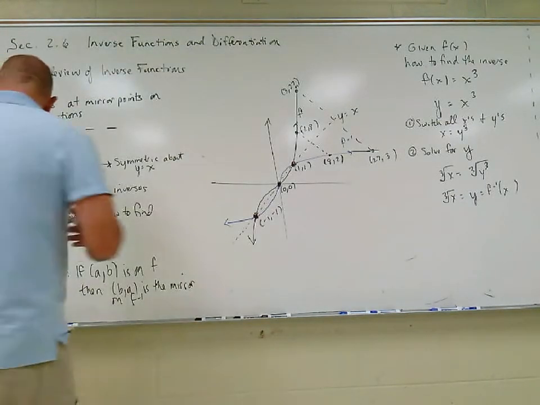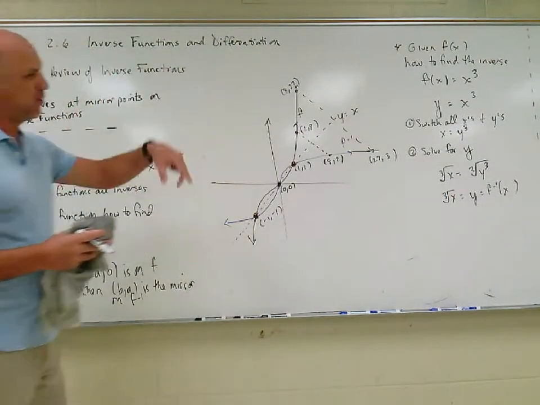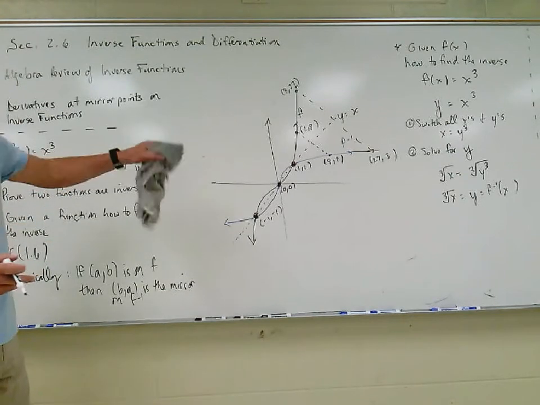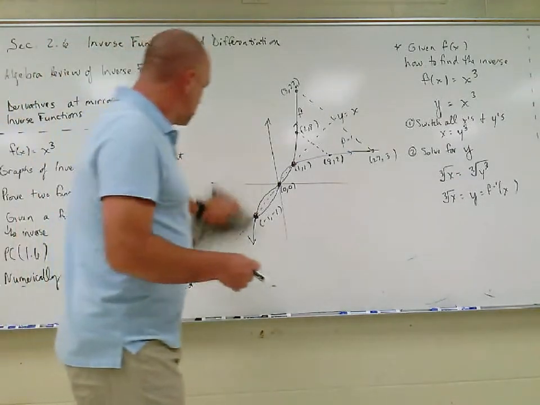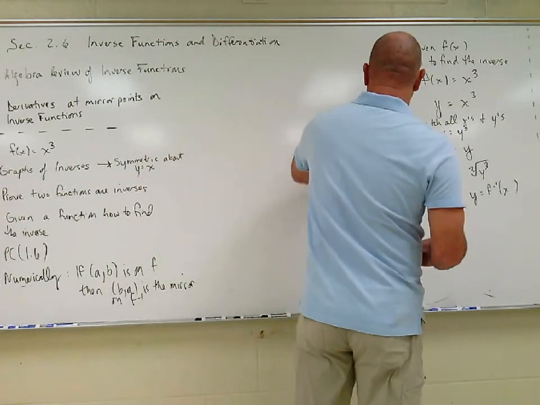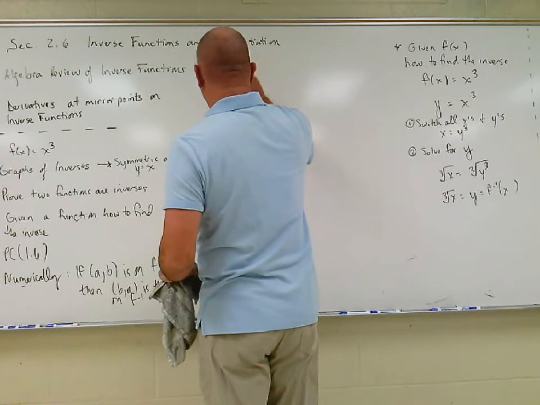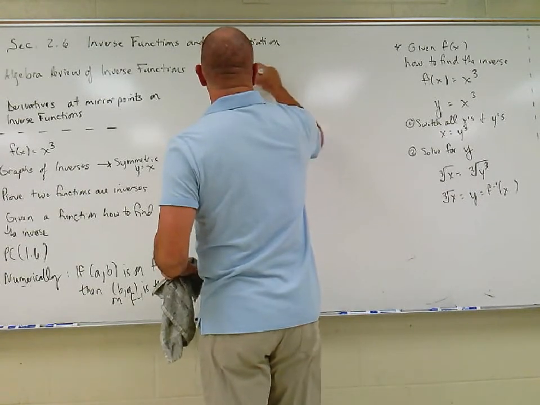So I'm going to give you another 2 that, well, I don't want to keep using this one every time. I'm going to go ahead and erase this picture. All right. I'm going to give you another 2 functions, and I want you to prove that they're inverses. And so I'll go over the rule for proving real quick. So let's call this example 1.